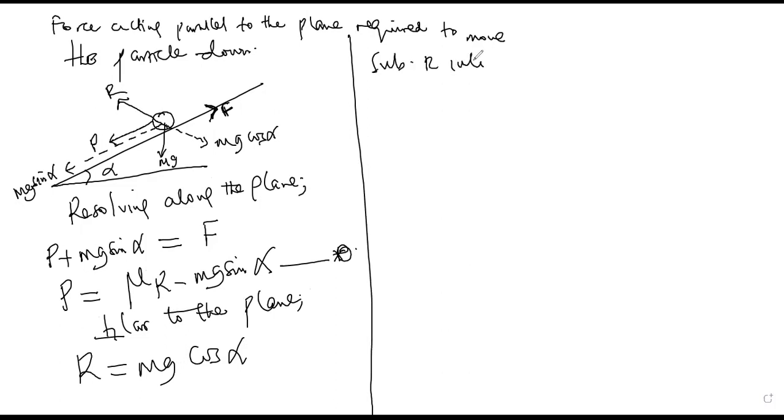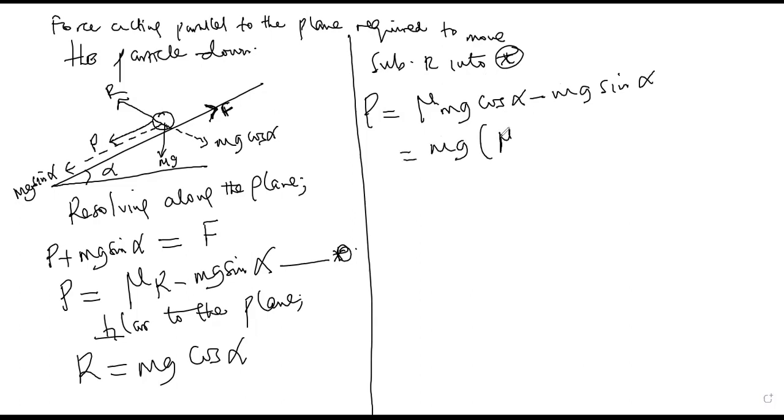So it will be P is equal to mu mg cos alpha minus mg sine alpha. Are you getting that? So this is going to be mg into mu cos alpha minus sine alpha. Are you getting that?